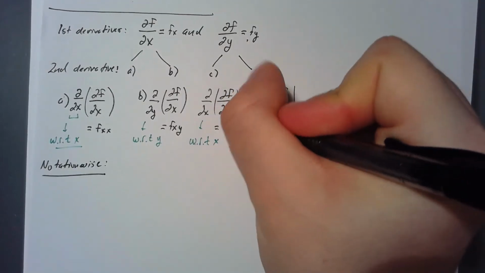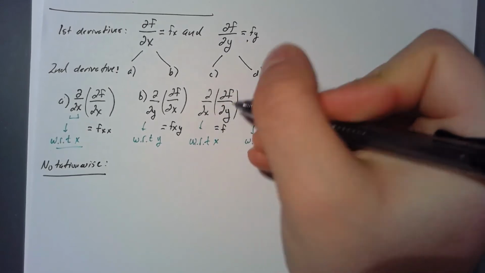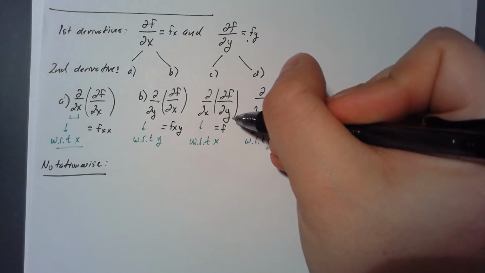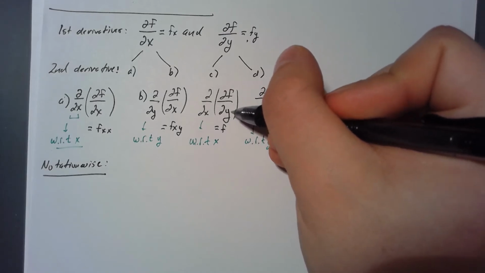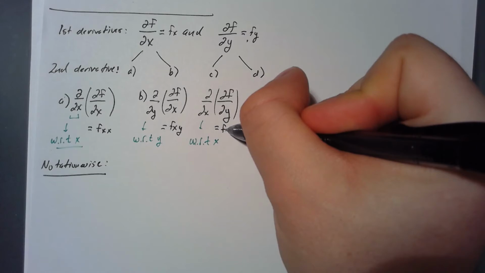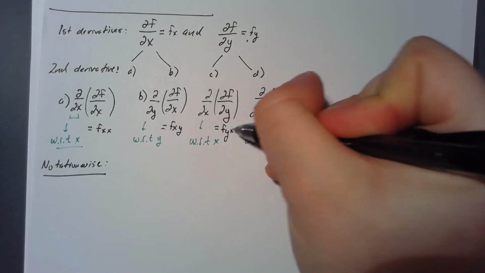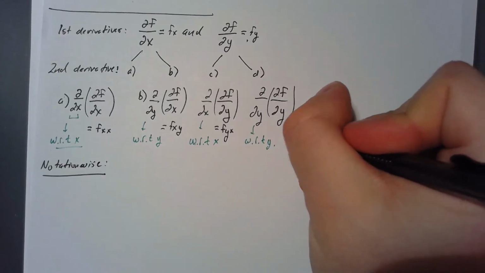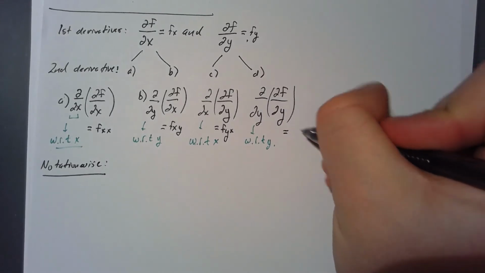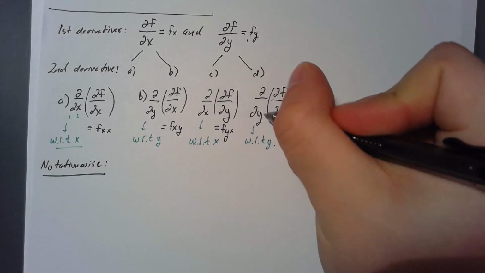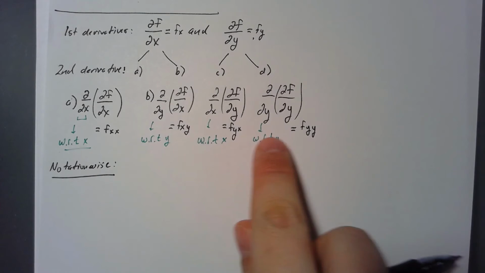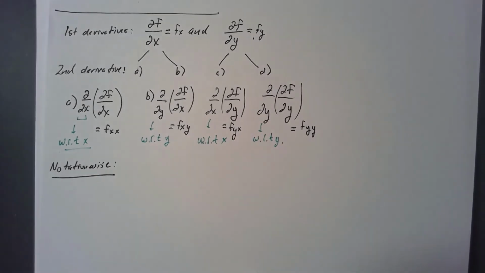So in this one, this is the partial derivative with respect to y first, right? So this will be f sub y, and then you take the partial derivative with respect to x. This one, well, since they're both y, take the partial derivative with respect to y, so that's f sub y, and then y again. So here are my second order partial derivatives.